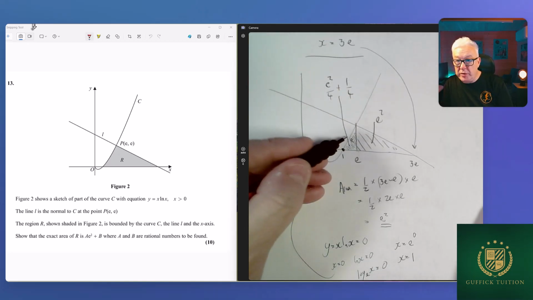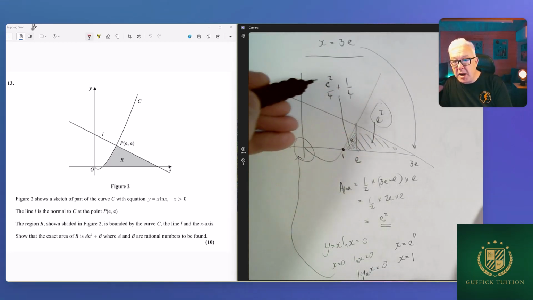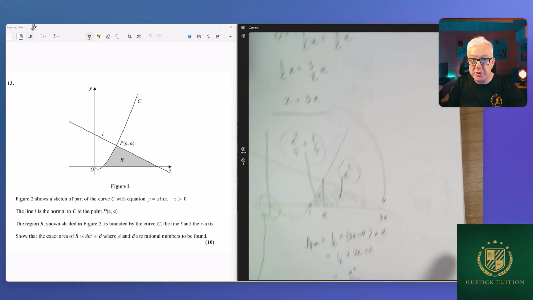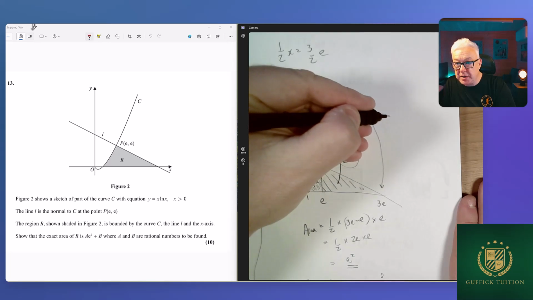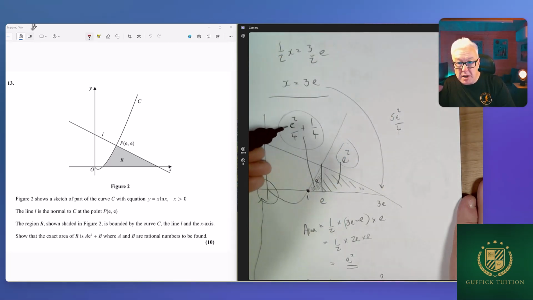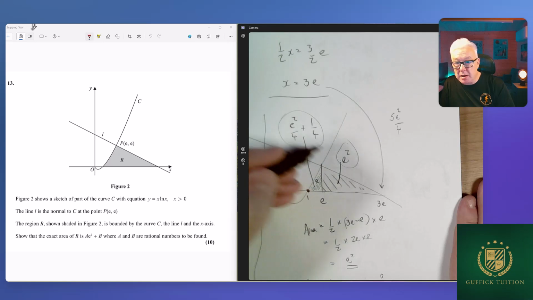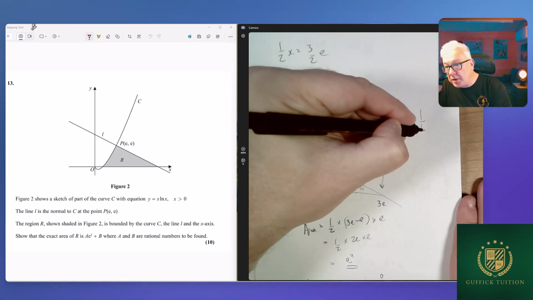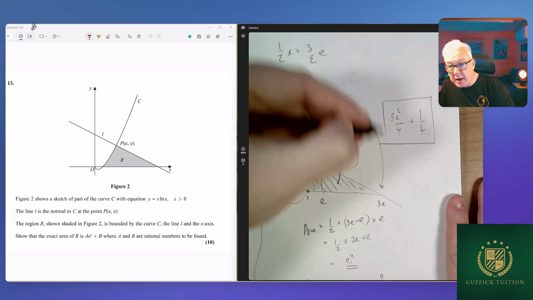So therefore, the whole region R is going to be e squared plus e squared over 4 plus 1/4. So when we add those two together, that's going to give us 5 e squared over 4, because e squared over 4 add e squared is like 4 over 4 add 1 over 4, plus the 1/4 that we had. And that is our answer.